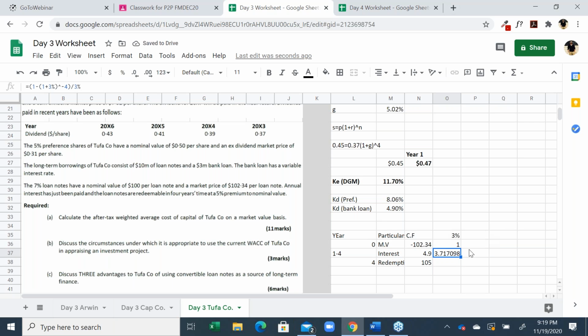And here we have to use discount factor because it's a single payment, 1.03 raised to the power minus 4. And then we need to calculate present values at this rate.